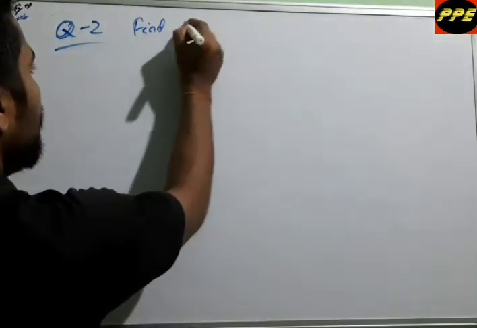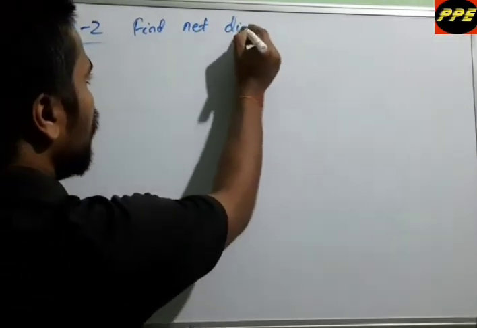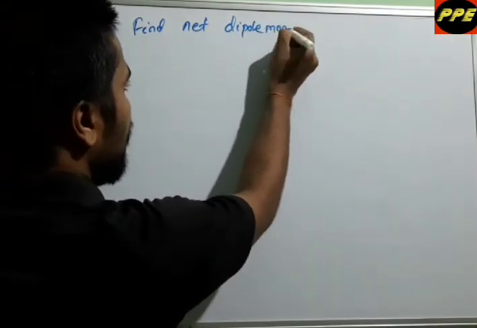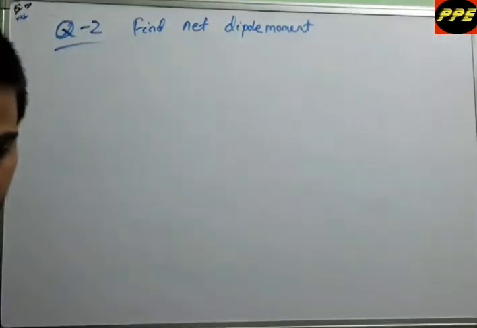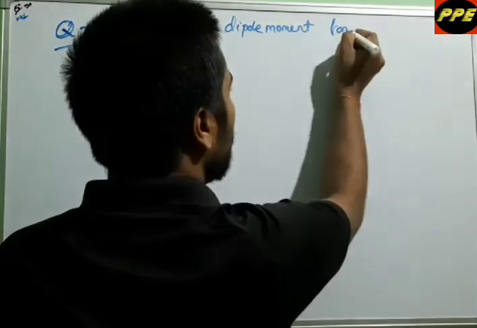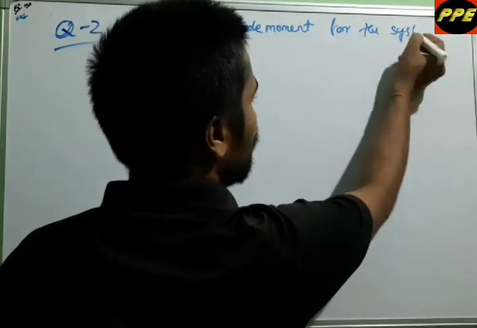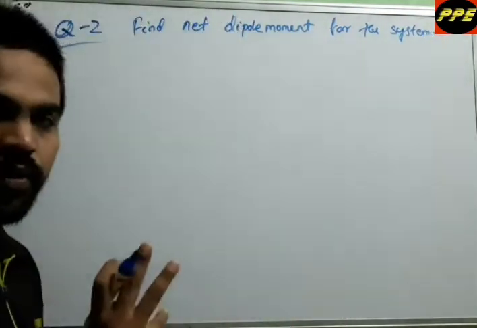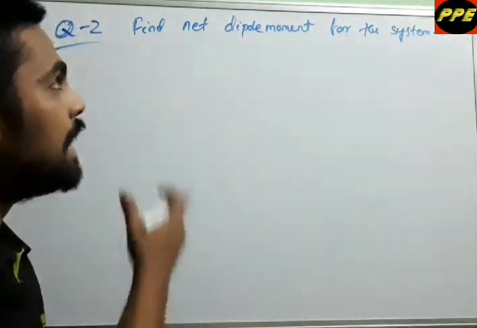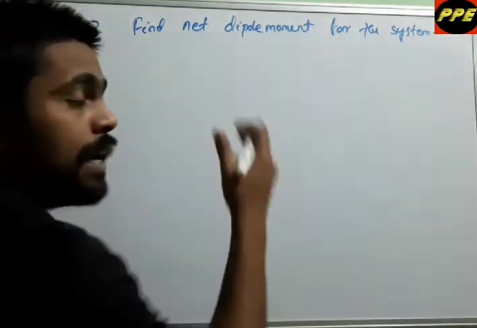Question number 2: find the net dipole moment for the system given to you. In this system you have to find the net electric dipole, that is, the net dipole moment.